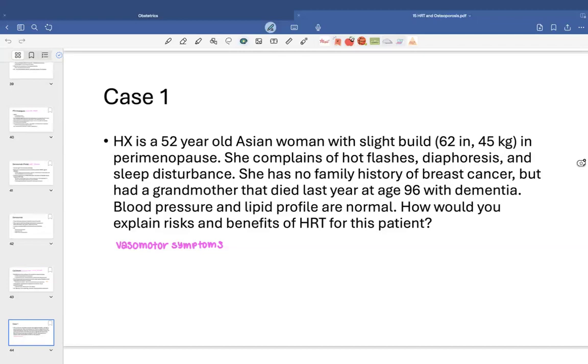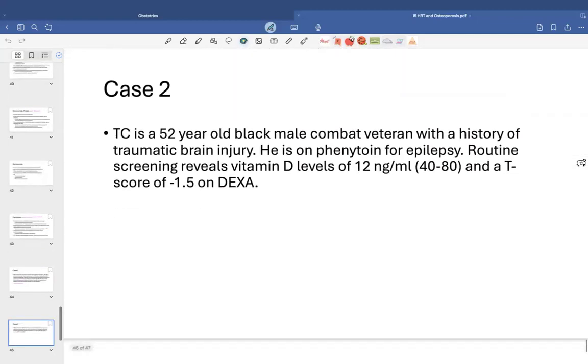Our next case is TC. He's a 52-year-old Black male combat veteran with a history of traumatic brain injury. He takes phenytoin for epilepsy, and routine screening reveals a vitamin D level of 12 and a T-score of -1.5. So, what is his risk factor for having such a low T-score?